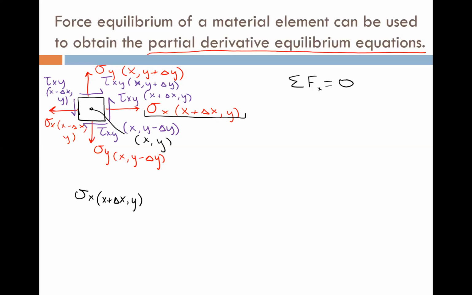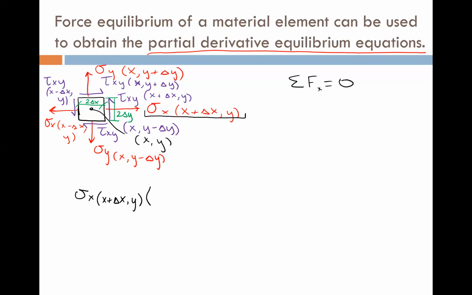It acts on a surface. Oh, and let me just clarify. Here I've increased the size of the element from the previous slide just to make the equations easier. It's going to get the same result either way, but we're saying that this is 2 delta x now, and this is 2 delta y, and the thickness is then 2 delta z.